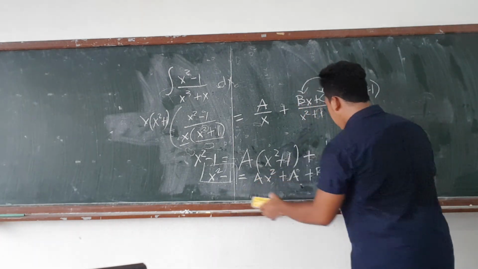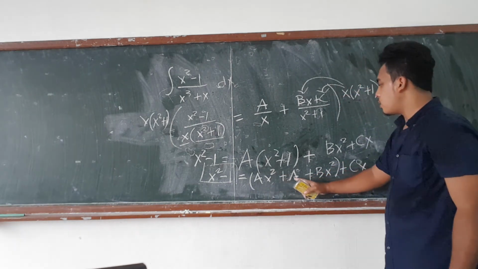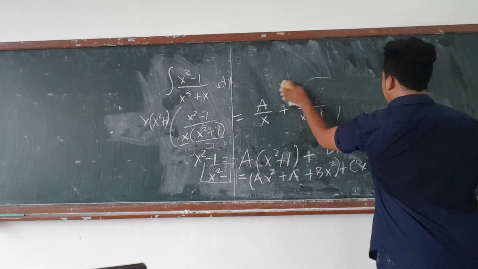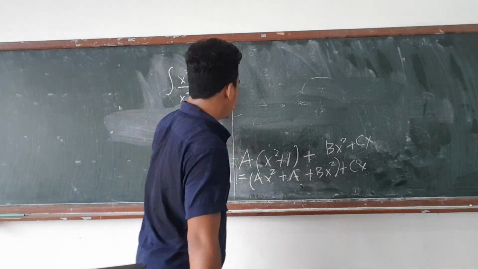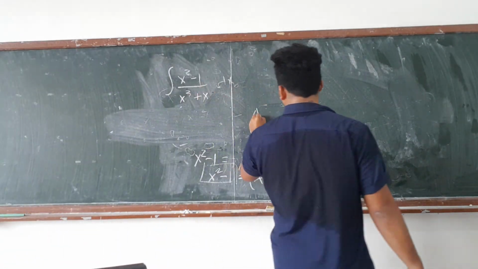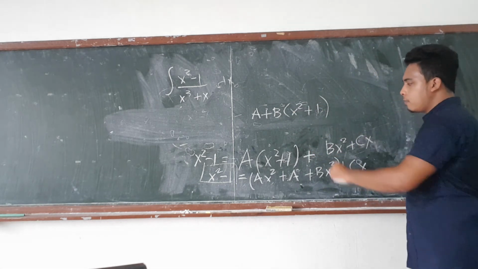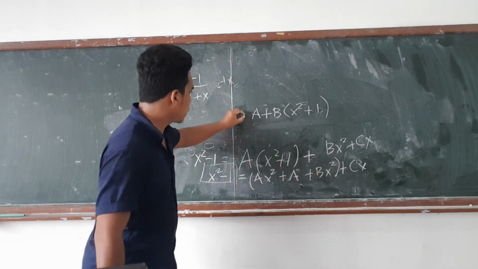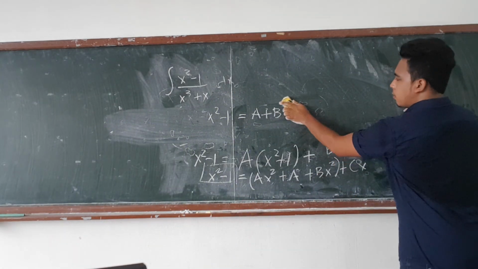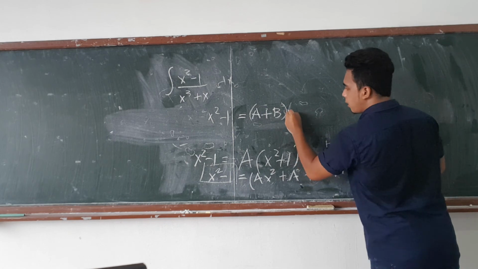In other words, if we put this into a single expression, ax squared plus bx squared is the same thing with a plus b times the quantity of x squared.